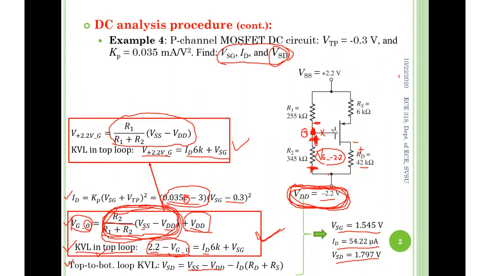Second, you realize the VGS or VSG loop KVL should be up here. Third, inside of this KVL, you're looking for the voltage across R1. How to find the voltage across R1? The voltage divider, you need to be careful. So these 3 things. If you are clear and careful enough about these 3 things, then it should be fine.